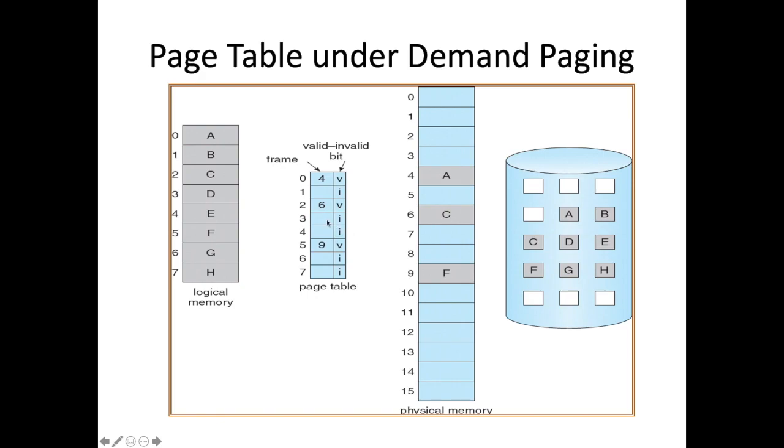But if it tries to access page B, well, that's not in a frame of physical memory. Its page table has that one marked as invalid. It's really out there on disk, it's just not memory resident right now. So if the process tries to access that, the OS is going to have to go get it off disk and find room for it in memory.